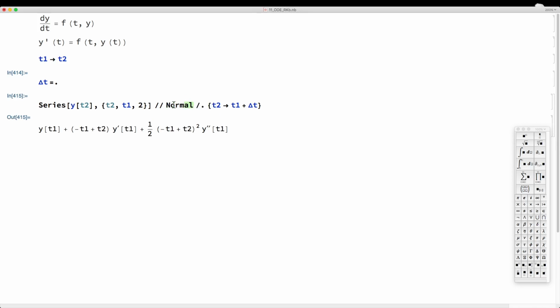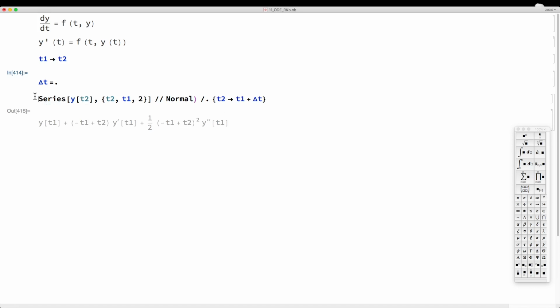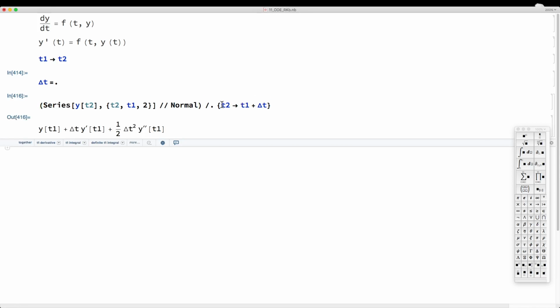That didn't quite work because the Normal command affected this substitution, so I can put this in parentheses and execute again, and now it worked. We see that t2 minus t1 got replaced by delta t here and delta t squared here. So essentially this is an approximation for the next time step, y of t2 given y of t1. So we can use this in a time stepping scheme.